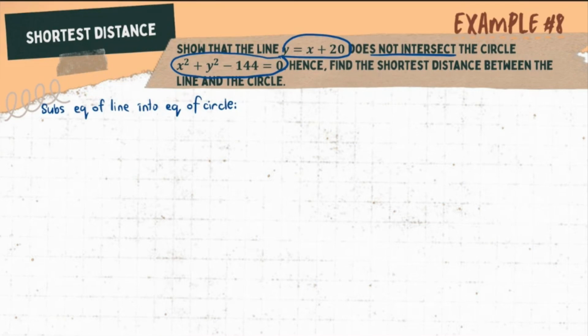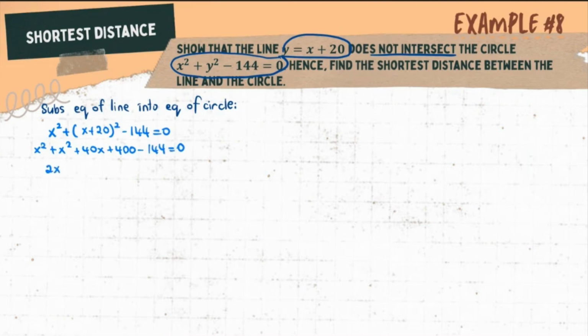So the steps will be x squared plus (x plus 20) squared minus 144 equals to 0. X squared plus x squared plus 40x plus 400 minus 144 equals to 0.